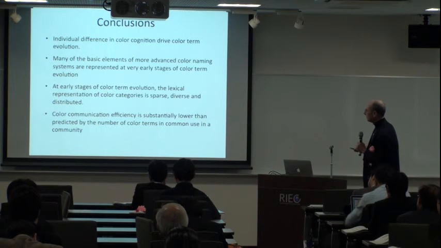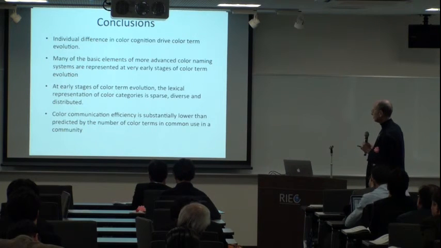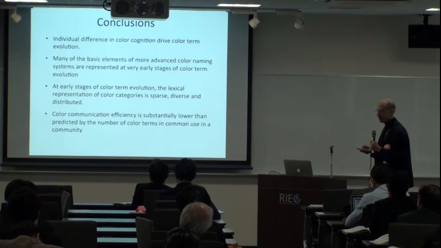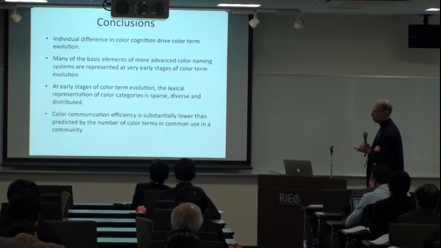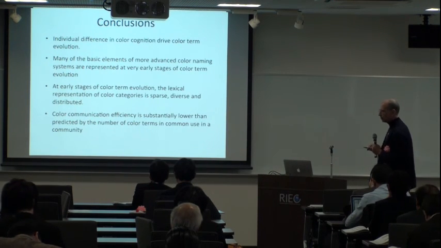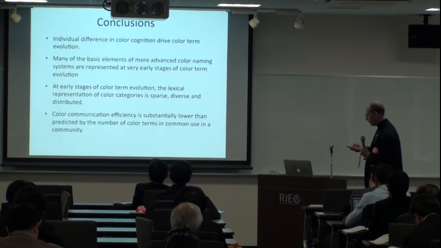And then finally, color communication efficiency is substantially lower than predicted by the number of color terms in common use in a community. The key idea here is that in order to know how to use color terms, you have to know what they mean. You can only do that through practice, if you will, and if it's important within the community. We argue that well beyond the number of terms that people actually use, there's a much smaller group of colors that are actually used meaningfully and with high efficiency within the culture.